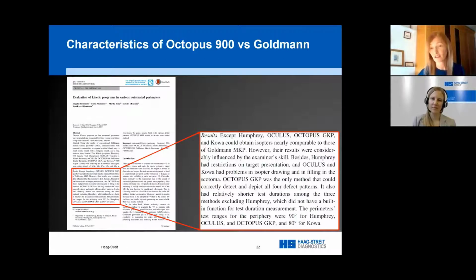I've extracted out just the results section on this slide, but they noted the same issue with Humphrey kinetic perimetry, but also practical issues with other kinetic perimeters, such as examiner bias, or difficulty drawing the isopters or filling in the scotomas. So definitely a paper that I would recommend people read if they're interested in looking at these comparisons.